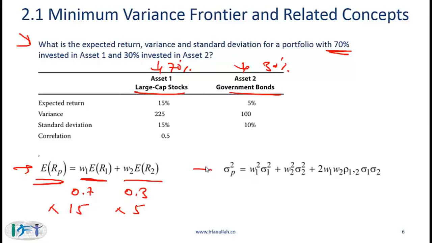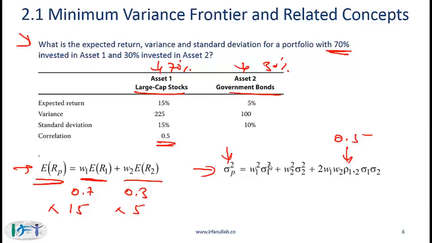And this is the formula that is a little harder to remember, but it is a formula that you have to remember. You used it at Level 1, you are using it at Level 2, and you will need it at Level 3. So stare at it very carefully. We are calculating the variance. Once you have the variance, you can find the square root if you need the standard deviation. So just plug in the numbers. This is the correlation between the 2 assets, which is 0.5.